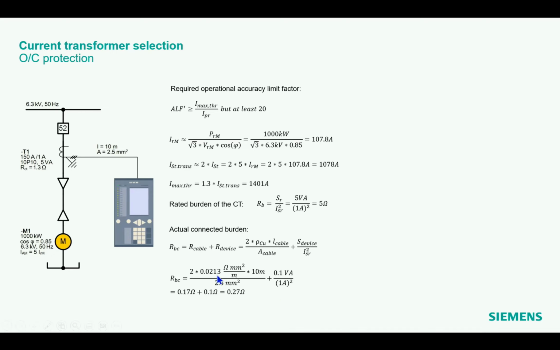And you can fill in here the values, and then we see I have 0.17 ohm. Okay, this is a very small cable, so we have almost the same dimension or range of ohm value here. So 0.17 ohm, and here it's 0.1 ohm. So you should not neglect this, but it plays a smaller role. Maybe I must correct myself here a little bit. So we get finally 0.27 ohms as a value for the connected burden.